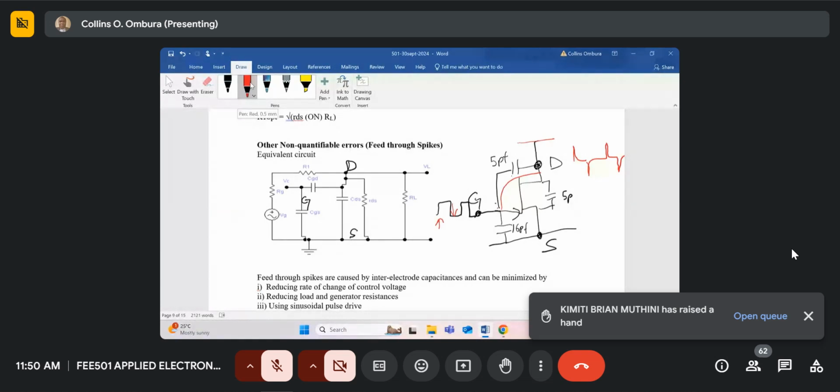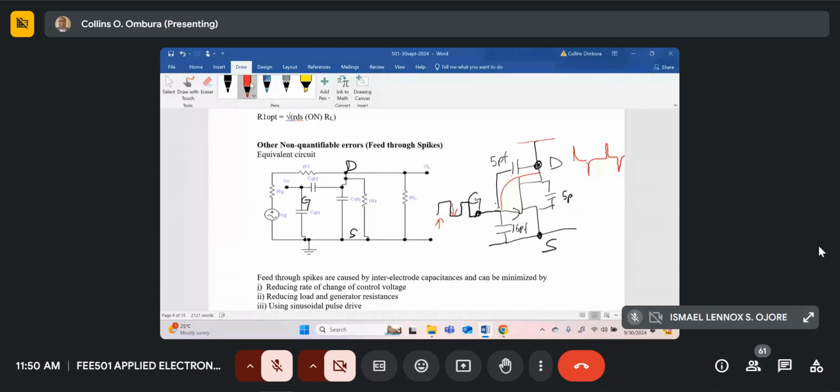Okay, and these switching spikes are referred to as non-quantifiable errors because you can't put an exact equation to them. The reason being, as the voltage varies across the drain and source and gate and source, the values of the capacitance change. They're not static capacitances, they're dynamic capacitances.